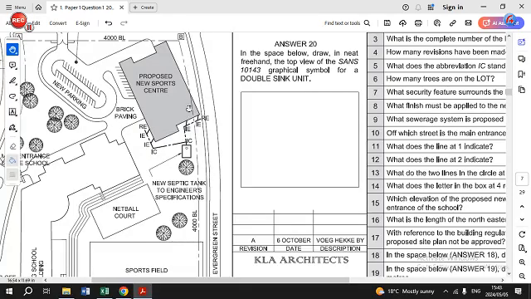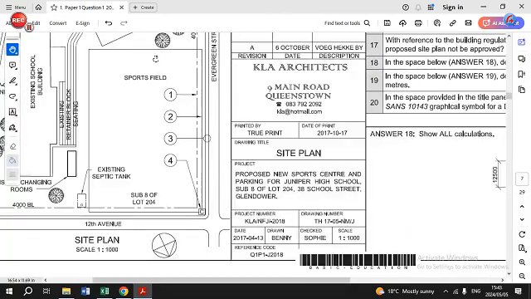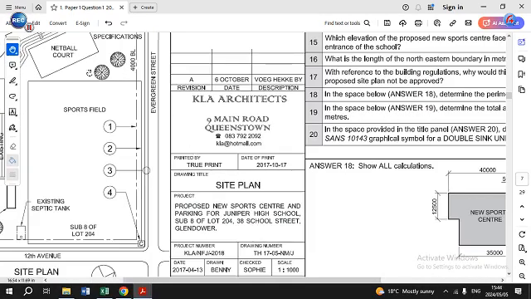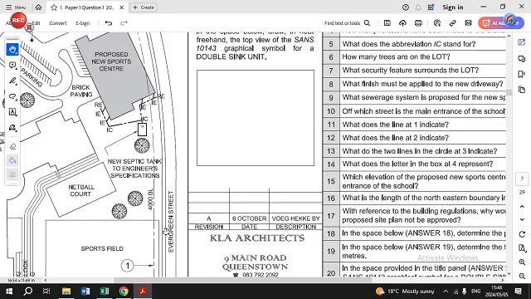And then if you look at the sports field, you will find that the sports field, both on this side and that side, protrudes beyond the building line. So that has to be changed. It has to be brought within the building line for it to be approved. So your answer to that question would be that the sports field and the new proposed sports center are not within the building line.